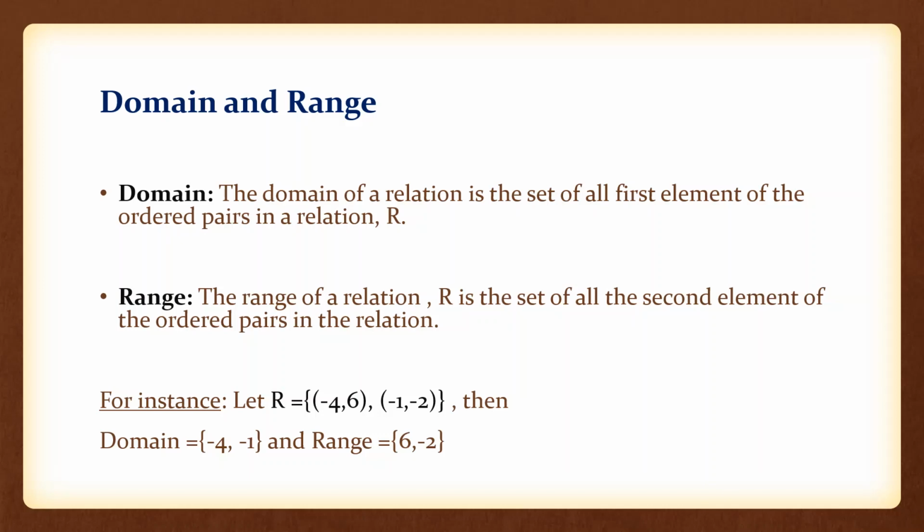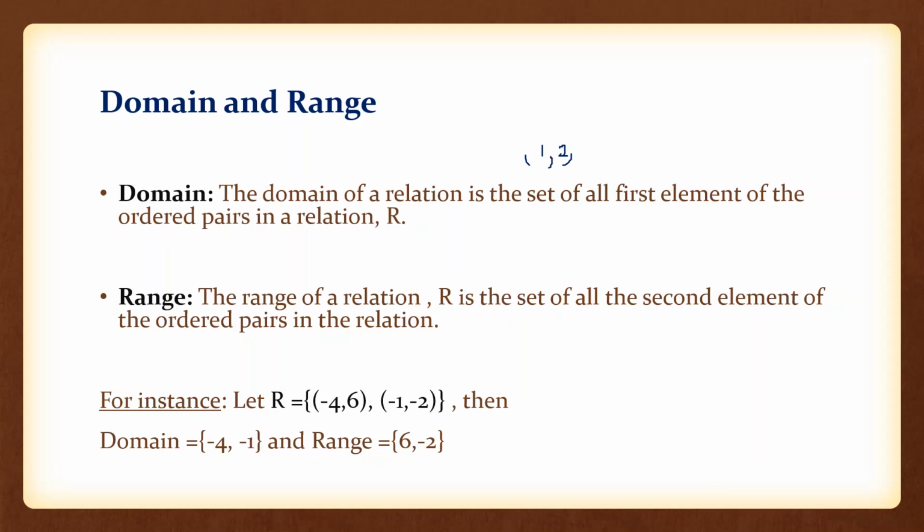So, whatever ordered pair is written, like (2, 3), suppose (1, 2). So 1 will always be domain, will come under domain. Similarly, 2 will be range. So range is the second element of ordered pair and domain is the first element. Let's see the example.